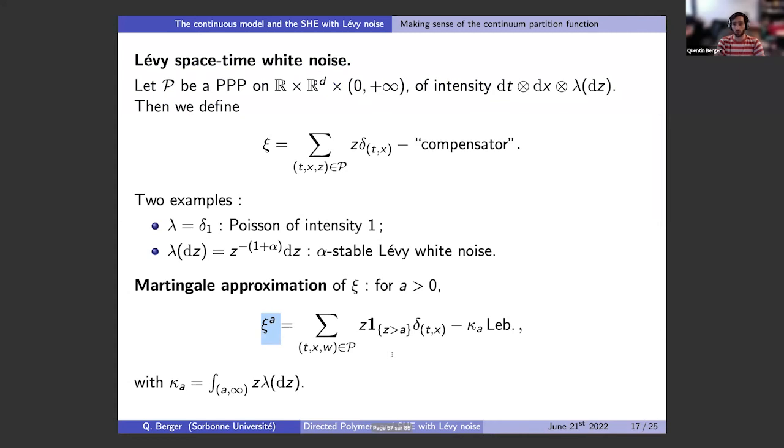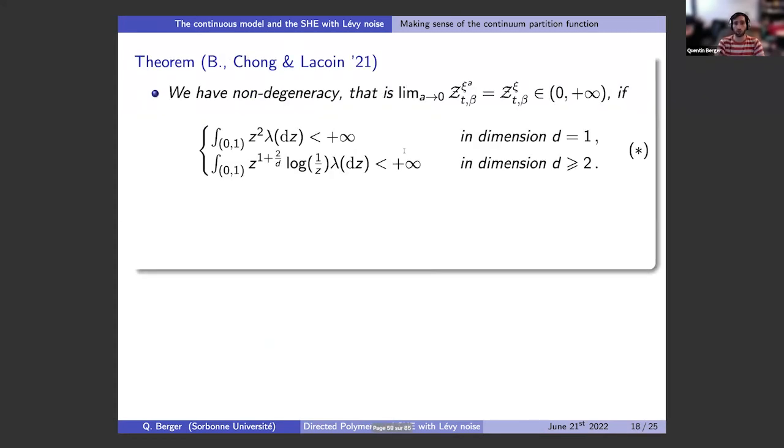And so here you have a Lévy noise, and that's our main result: if you construct the partition function with the Lévy noise Xi A, it will converge to something non-degenerate under some condition on the measure that you've put.